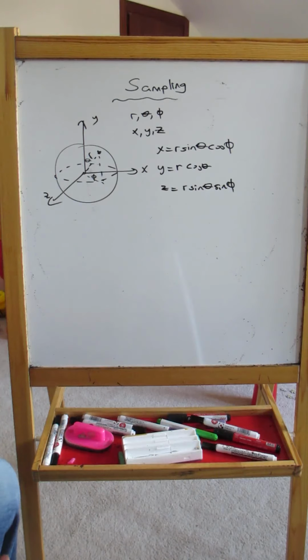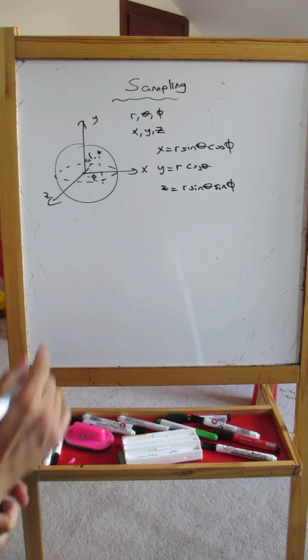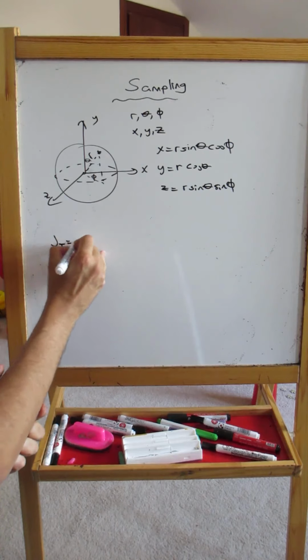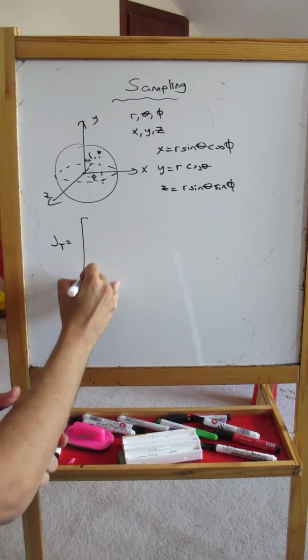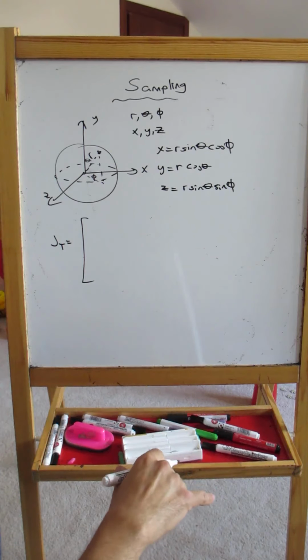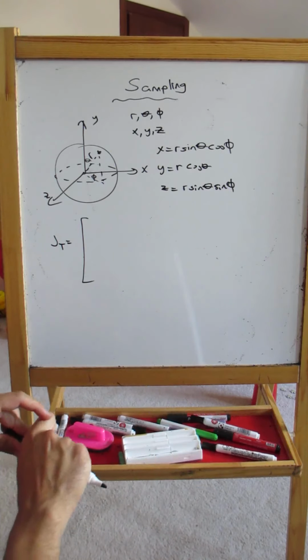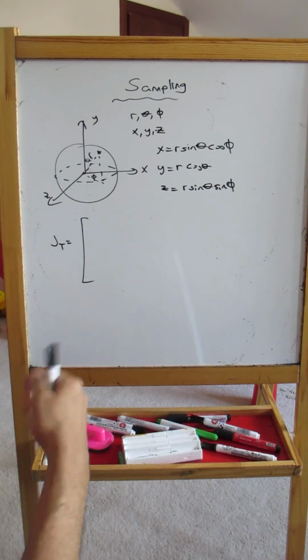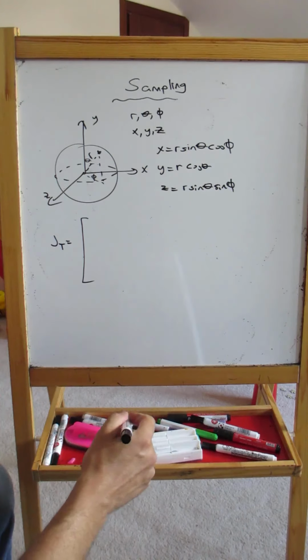Now, what is the Jacobian of this transformation? The Jacobian is this matrix. Again, we will take derivatives with respect to r, theta, and phi, but we will not do it individually here. I recommend you to try it yourself.